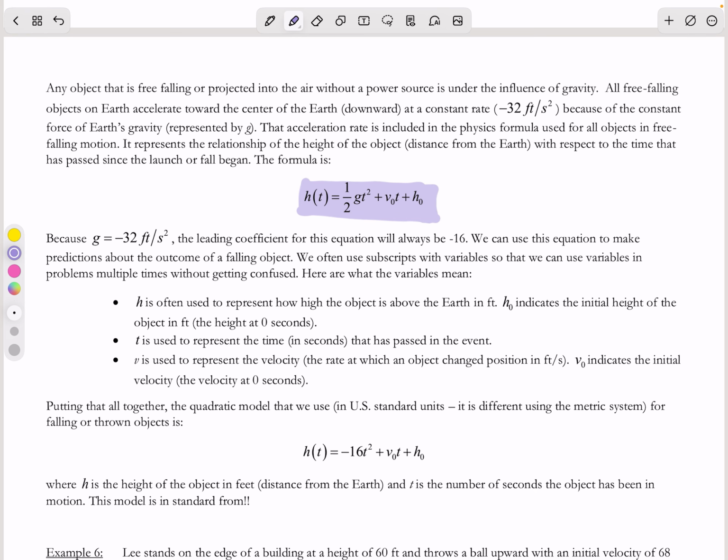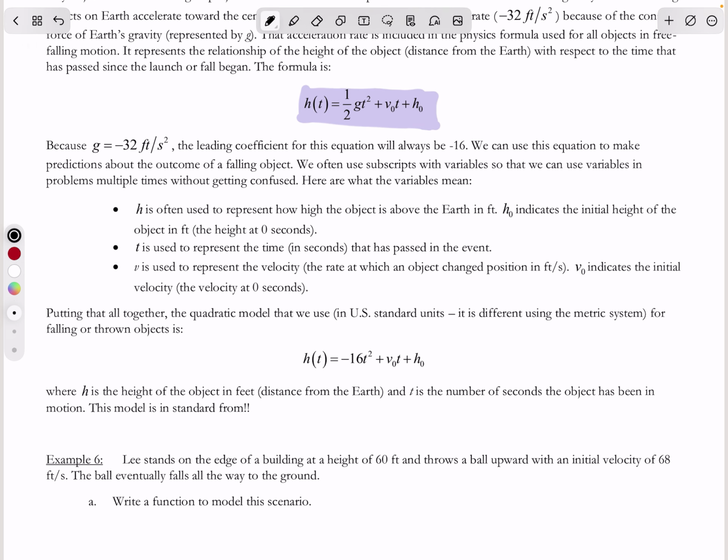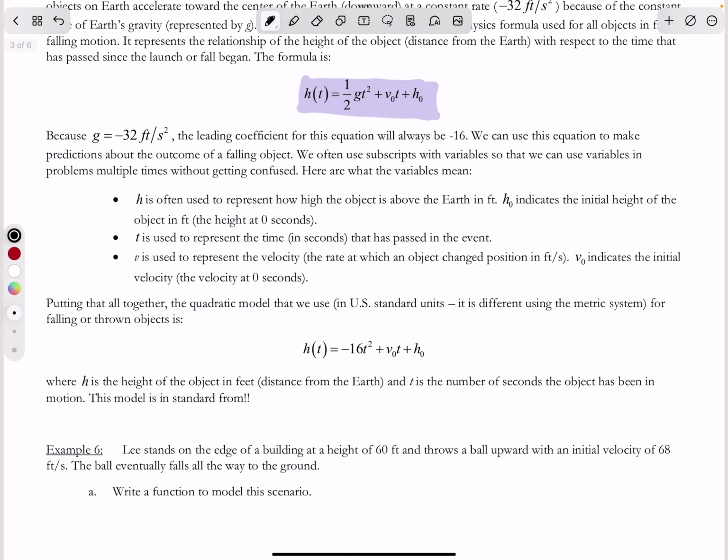So this formula I've highlighted in purple is the generic formula, but whenever we're here on Earth, which is where most of our studies will take place, it turns out that the actual constant assigned to the Earth, just because of the way the Earth is formed, the acceleration due to gravity, is negative 32 feet per second squared, and that goes in for g.